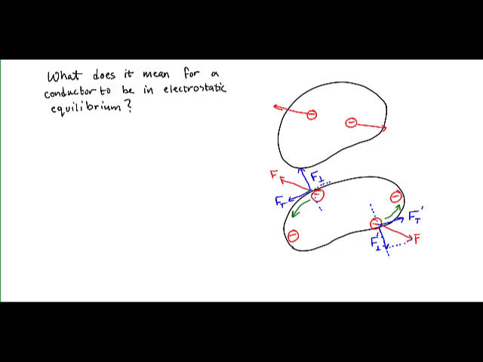Now, these two charges are still exerting electrical forces of repulsion on each other. But notice, they arrive at a point in which the only component of the force that is acting on each of them is perpendicular to the surface. At this point, these two charges are in electrostatic equilibrium.